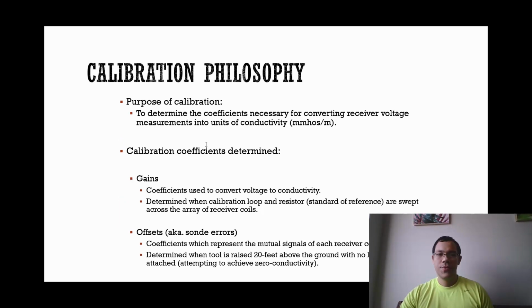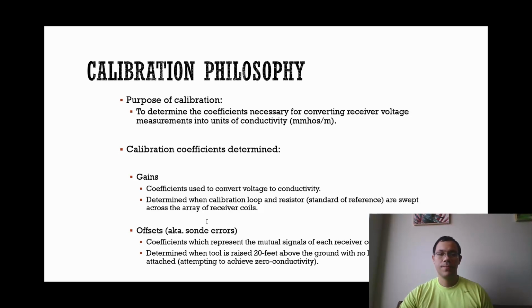The calibration philosophy is to determine the coefficients necessary for converting receiver voltage measurements into conductivity in millimhos per meter. You get some gains and some offsets, which are determined when the tool is raised 20 feet above the ground with no loop or resistor attached.